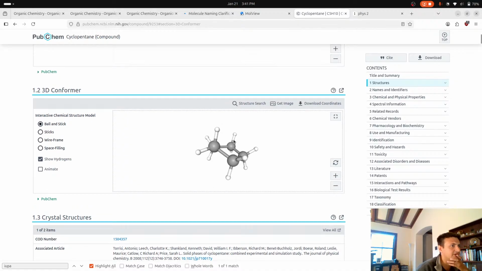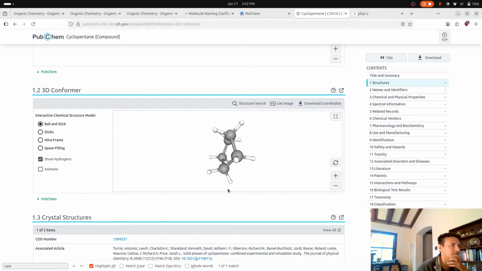Yeah, these are pretty eclipsed. These don't look so eclipsed, though.